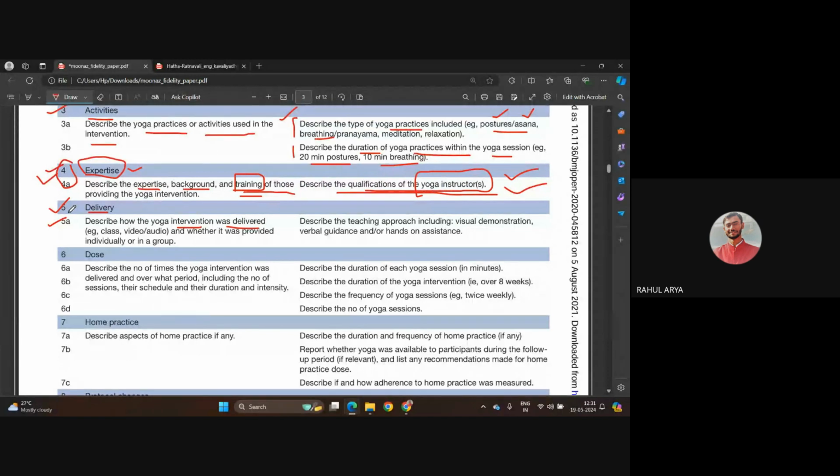Every time, with 20 students, 100 students, 500 students, the impact will be different. So each and every subtle situation of the class, which kind of environment was there, you have to explain well. Okay.